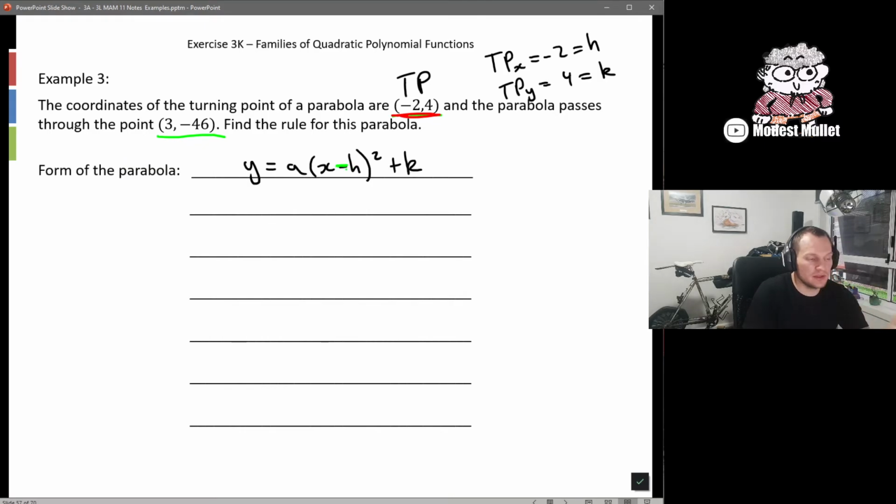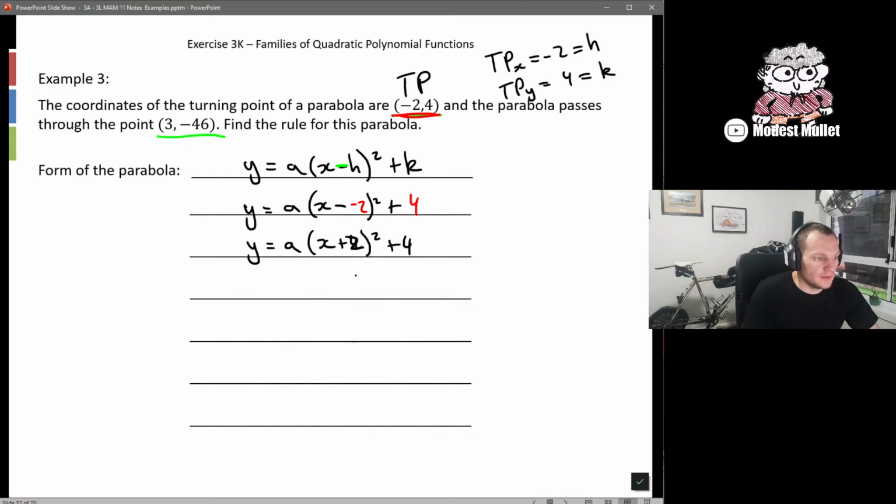This is a negative in here. We're still substituting whatever the number is in for h, but we need to know that it starts as x minus h. So we get y equals a(x minus, substituting our h value, which in this case was -2, all squared plus sub in our turning point y, which is k. Simplify this down a little bit, so we get y equals a(x plus 2) all squared plus 4.